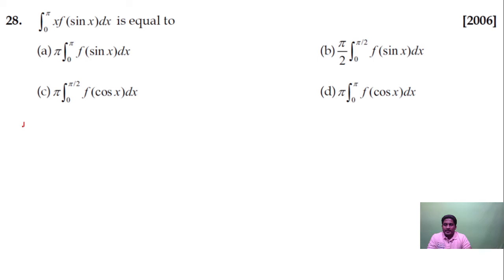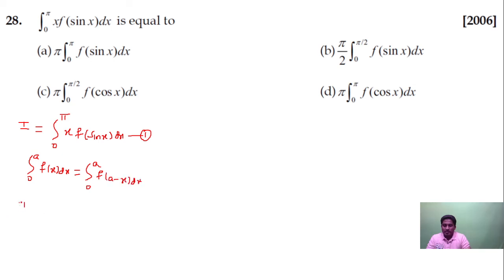Now I get I is equal to integration 0 to pi, x into f of sin x dx. Call this equation 1. Let us use the King's property: integral 0 to a f of x dx will be equal to integral 0 to a f of a minus x dx.